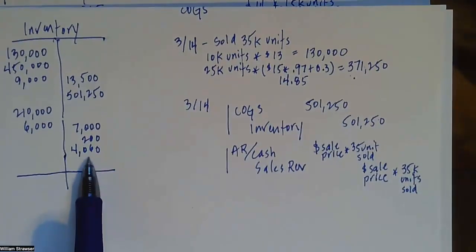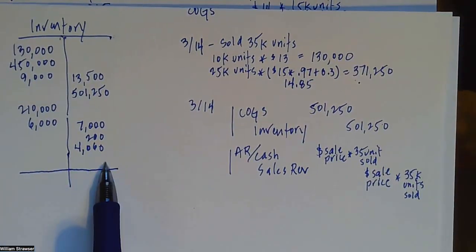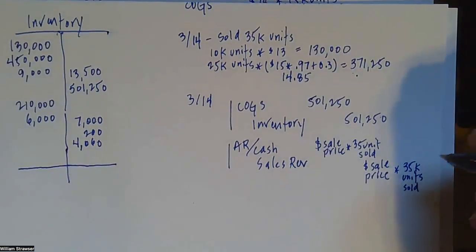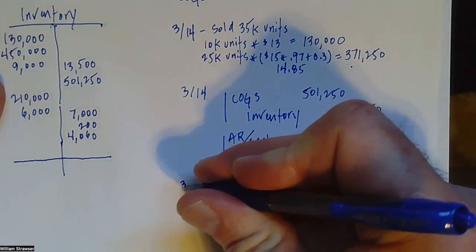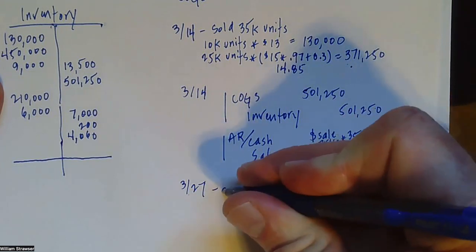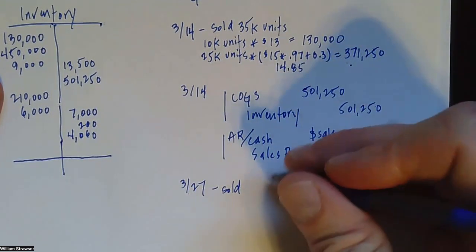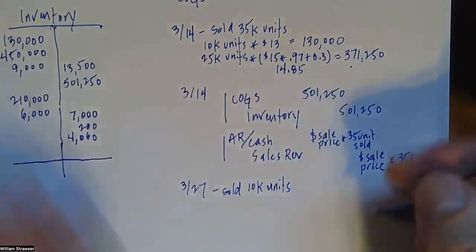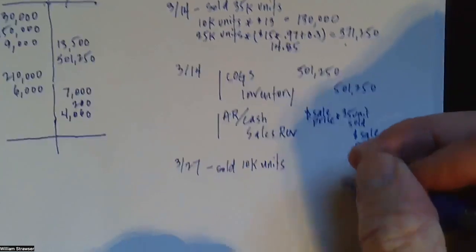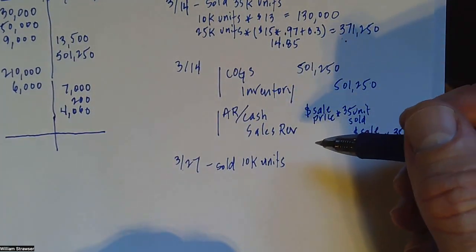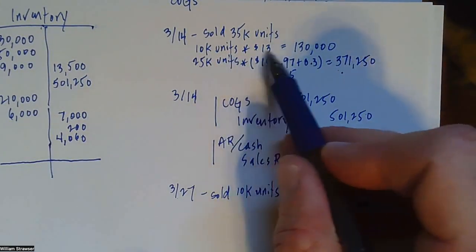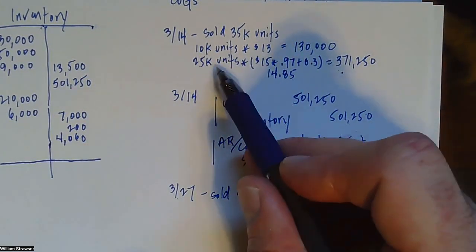Now, this final sale that we make after we purchase the second, in the second part of the problem, after we make those purchases in March, we're going to have a sale on 3/27. So on 3/27, we sold 10,000 units. And again, because I am using FIFO, I want to go to my oldest stuff first. I don't have a beginning inventory anymore because all 10,000 of those are gone.